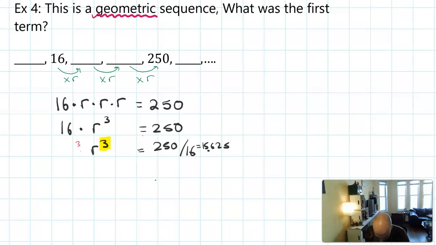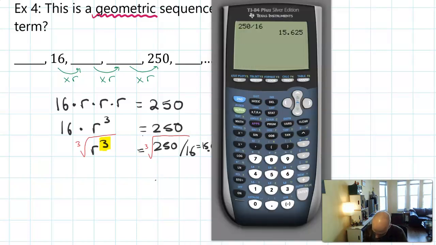So we're going to take the cube root of both sides. Or we could take both sides to the exponent of 1/3. And that's actually what I'm going to do in the calculator because it's easier to find. So I'm going to take that answer and raise it to the power of 1/3. And that should give me the ratio, which is 2.5. So the ratio r is 2.5.